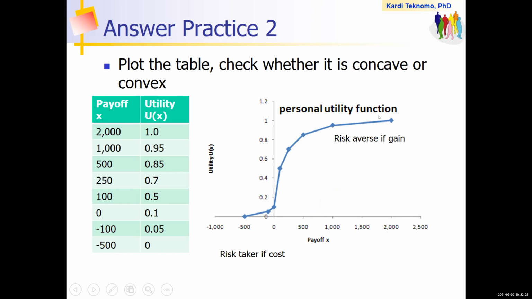In this example, when the payoff is positive, this person is risk averse, but when the payoff is negative, suddenly the behavior changes and becomes risk taker, if it is cost.